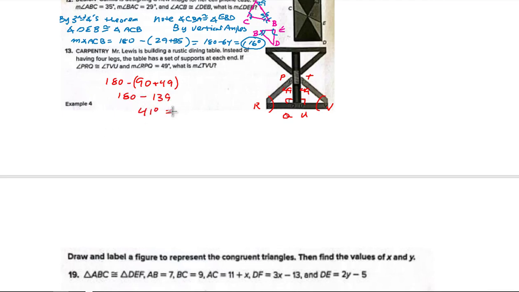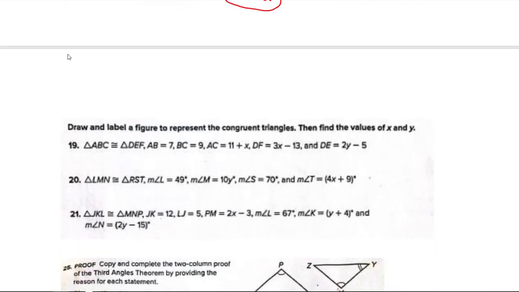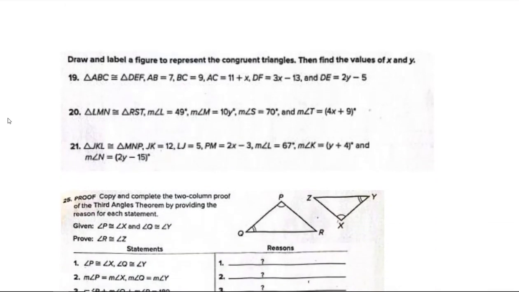So 90 and 49 gives us 139. Take that away from 180, and we get that 41 degrees is the measure of angle R, and 41 degrees is also the measure of angle V. They wanted us to find the measure of angle TVU, which is the same as angle V.